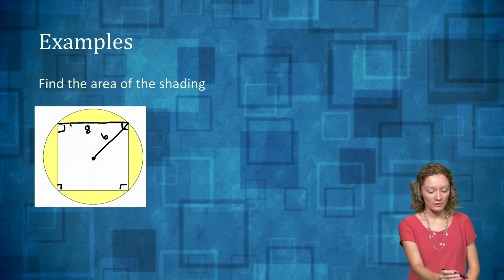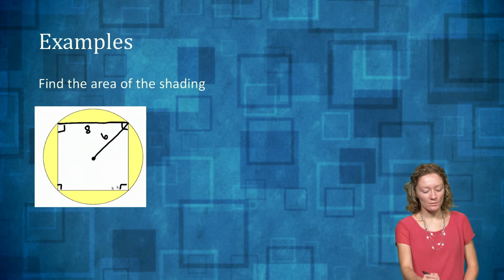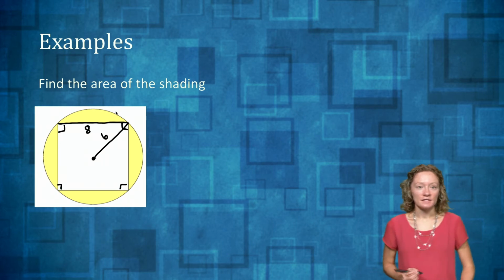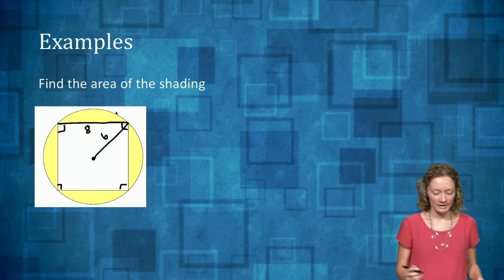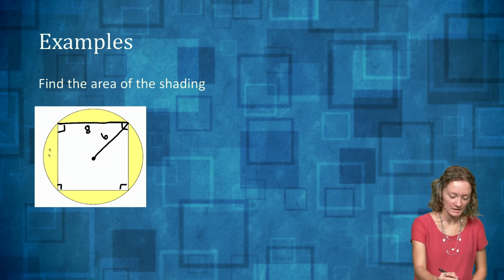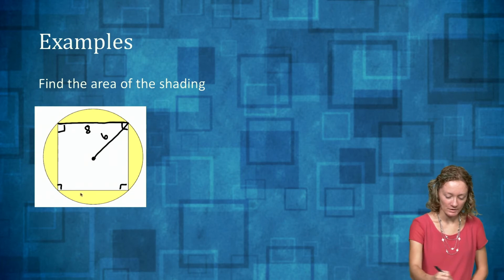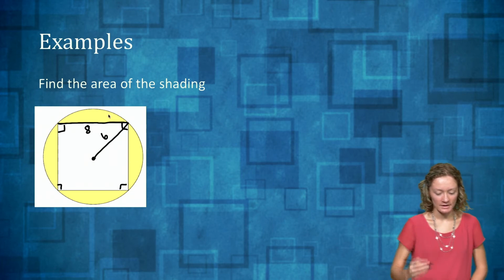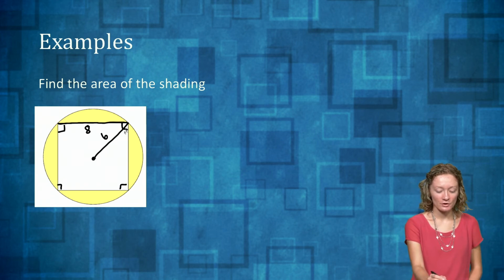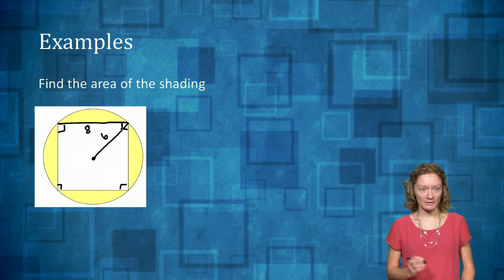So we have a circle. There's a square inside, and we're looking ultimately for the yellow shaded area. If you're having difficulty seeing, it's what's outside here, here, and here. And the information we know is from the center of the circle out, and then we know a little bit of information about the square.